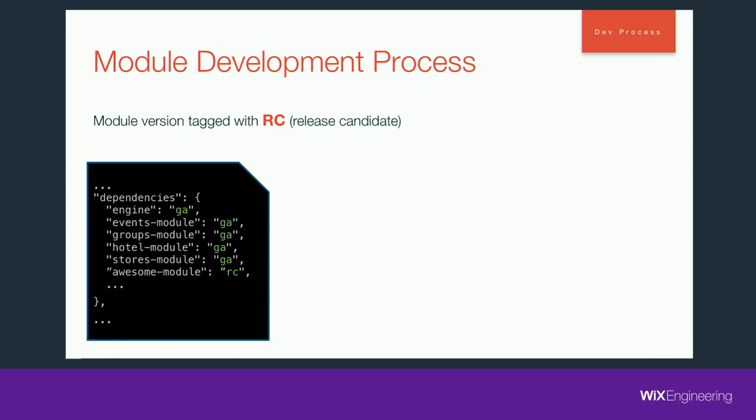And this will generate a package.json with this configuration. All the models are GA'd except the new model, the awesome model, which is now RC. So in our application, we will have all the models in the stable state and only our new model with unknown state with some changes.